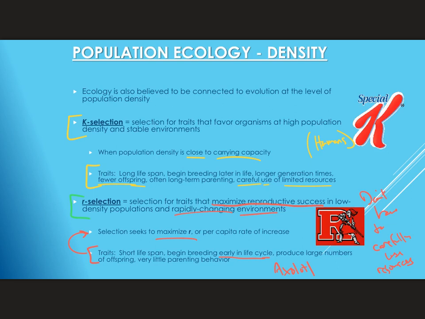They can make tons of offspring because resources theoretically aren't limited, and this hopefully increases the odds that the offspring will actually get out there and survive. For us, we have a couple kids, we parent them, we take care of them, we ensure that they survive. It's just another approach to r selection: produce tons of offspring and just hope that a couple survive even if you don't take care of them.